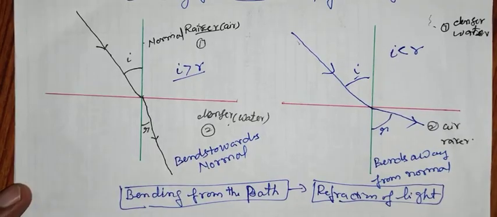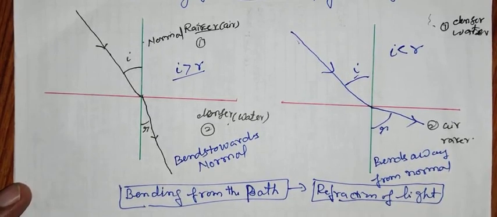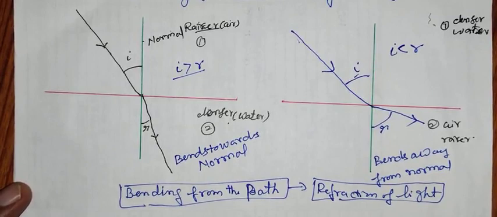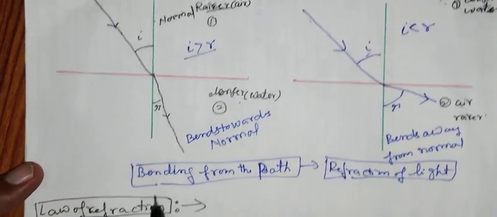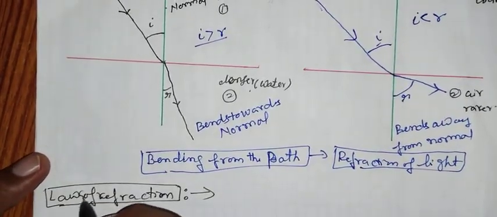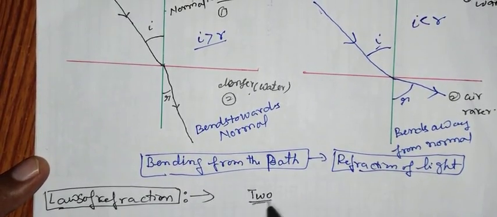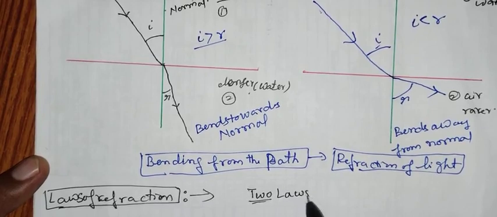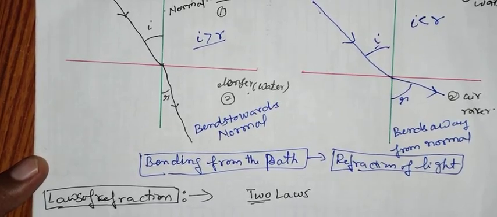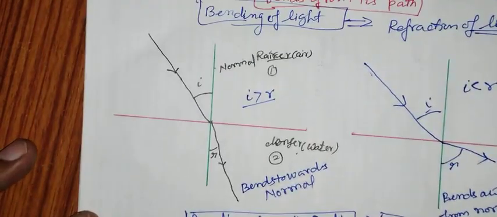So it is time to see the laws of refraction. To see the laws of refraction, see the diagram carefully. There are two laws of refraction. First law, see in the diagram.